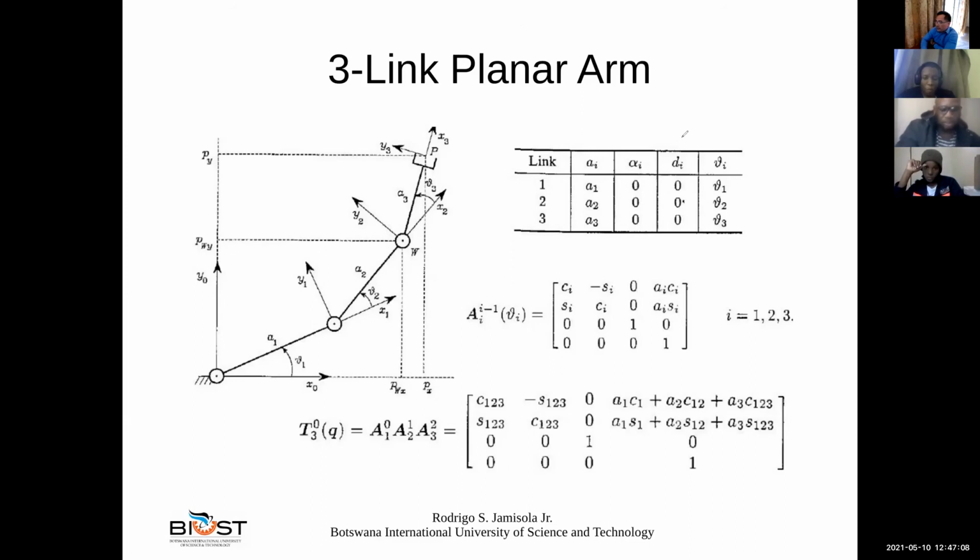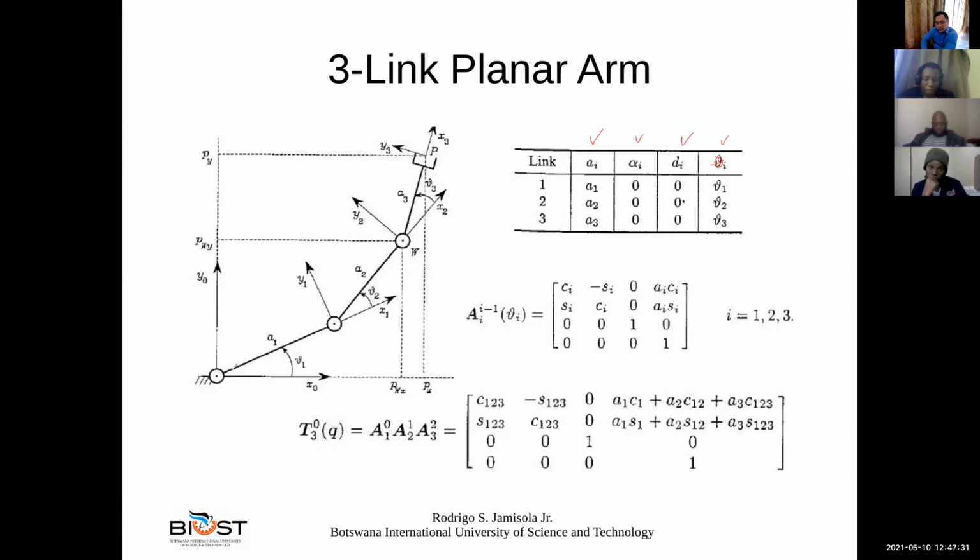So now you have distance d1, a1, alpha 1, and theta 1. So this is theta. We define the assignment of the frames with respect to the DH convention.